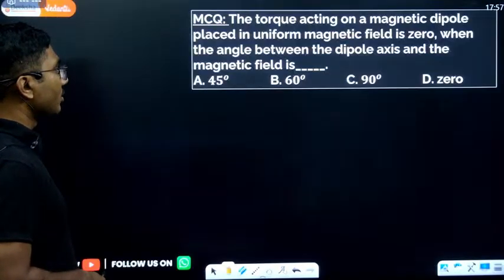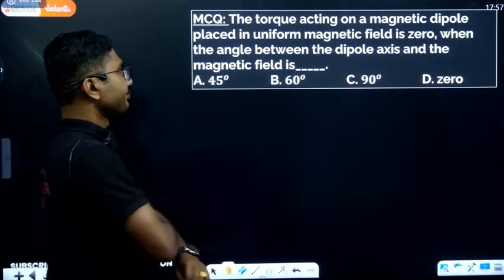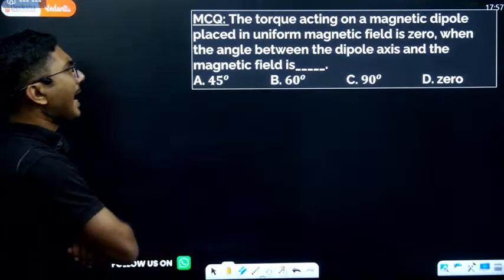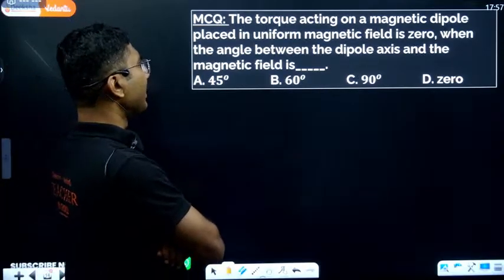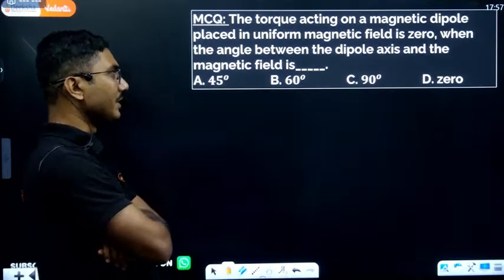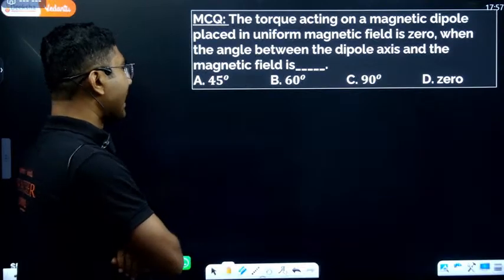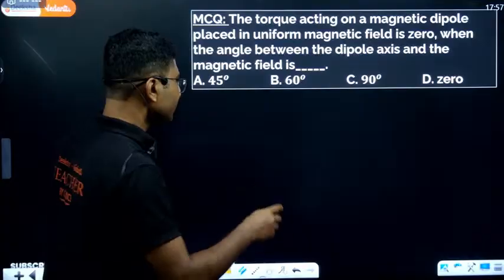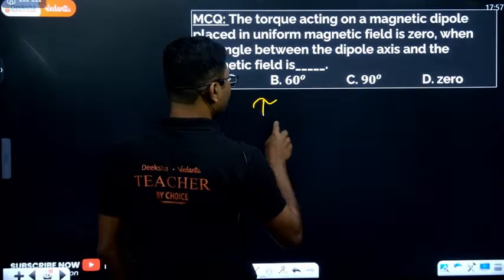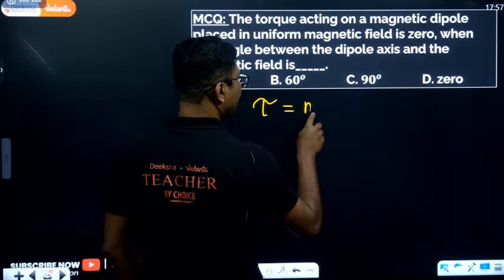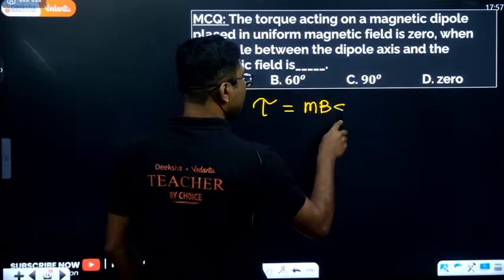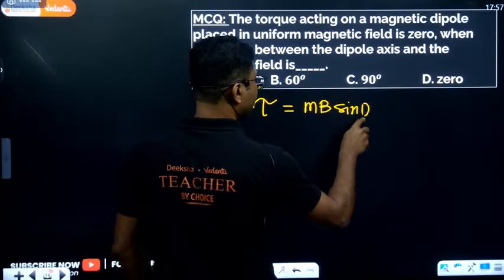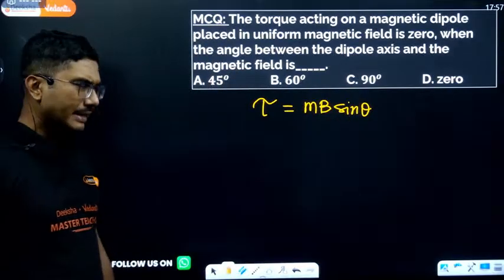Now let's look into the question. The torque acting on a magnetic dipole placed in a uniform magnetic field is 0 when the angle between the dipole axis and the magnetic field is. The torque acting on a magnetic dipole is mB sine theta; that is the general expression. m cross B, or mB sine theta.